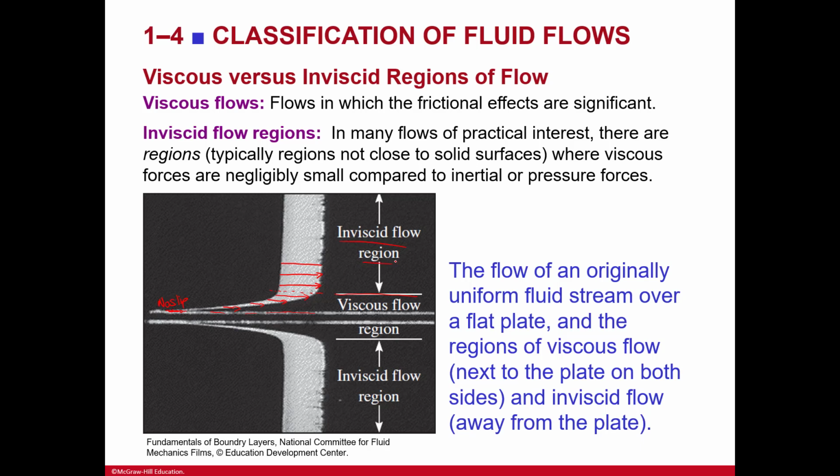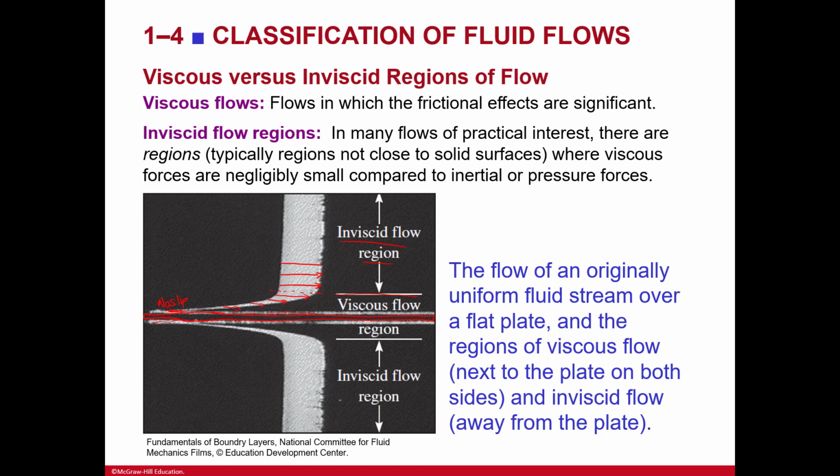Okay? And you can see that above and below, the flow of an originally uniform fluid stream over a flat plate, in the regions of the viscous flow next to the plate on both sides, and inviscid flow away from the plate. So here, this black portion, all right here, whoops, trying not to draw over that white line. This all is that plate, right?